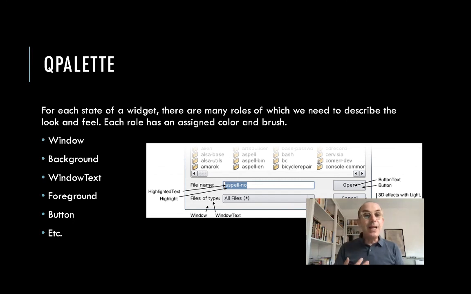So basically, for each state of the widget, there are many roles which we need to describe the look and feel. Each role has an assigned color and brush: the window, the background, the window text, the foreground, the button, and anything else that you're going to add.